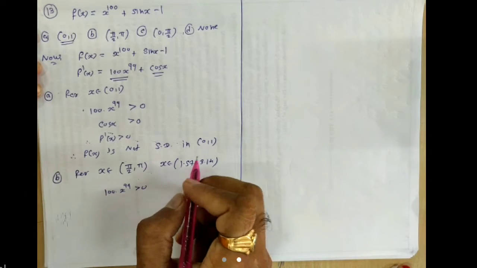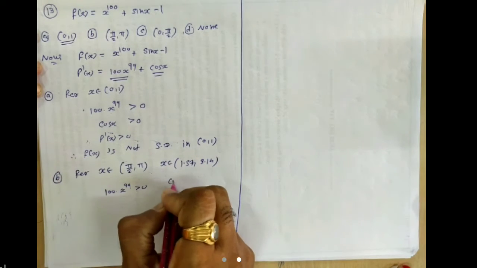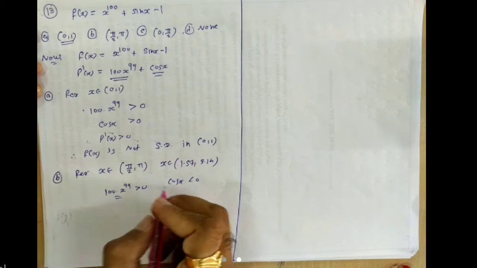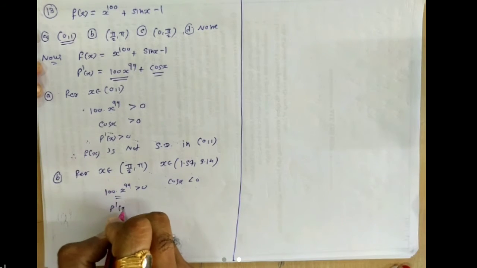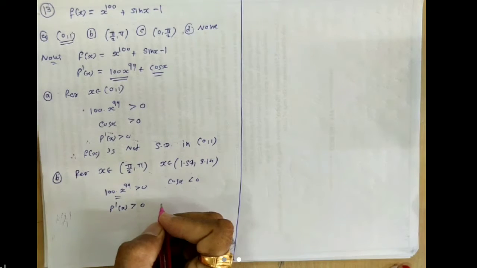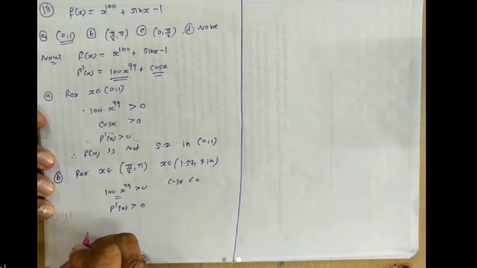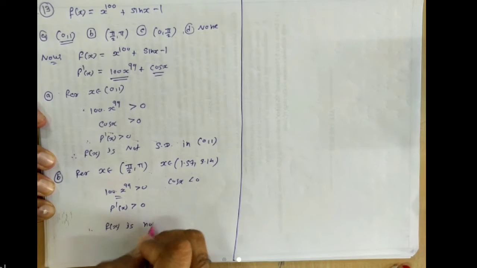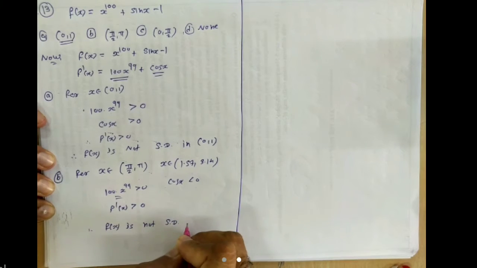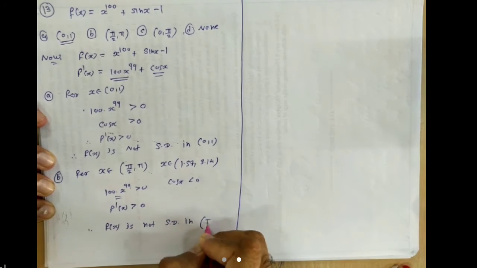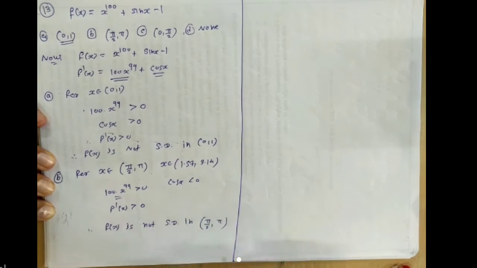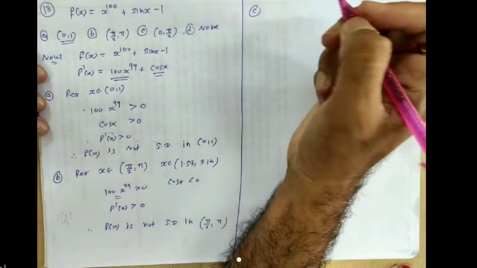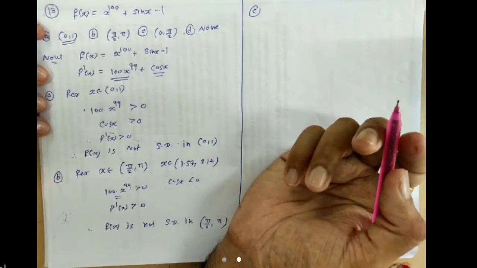For this value of x, cos x might be less than 0, but its magnitude is not greater than the first term. So overall f dash x will be greater than 0, and f of x is not strictly decreasing in the open interval pi by 2 to pi. Clear?